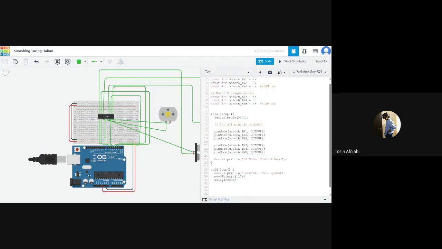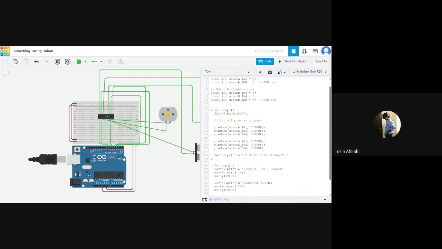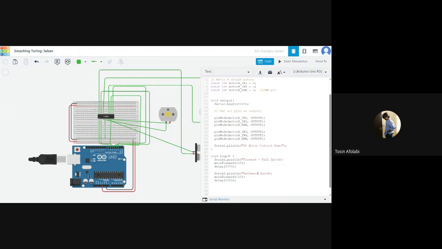So do the exact same thing, but this time for a different part of the code. Just paste this thing to backward. Then you change this thing to backward also.